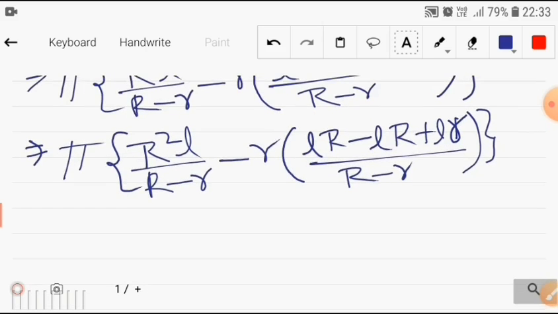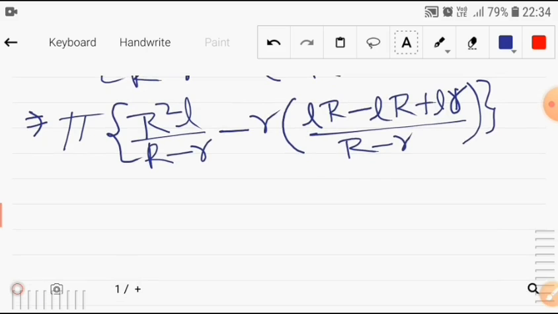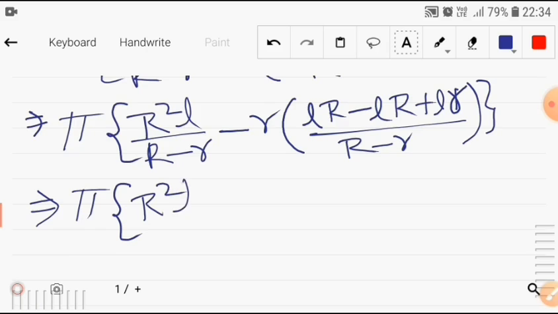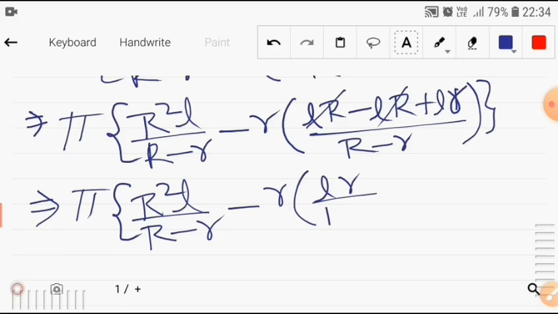Next, l R minus l R is 0, no need to write again. Pi, R square l by R minus r, minus r. l R would get cancelled out. Okay, so it will become l r by R minus r.